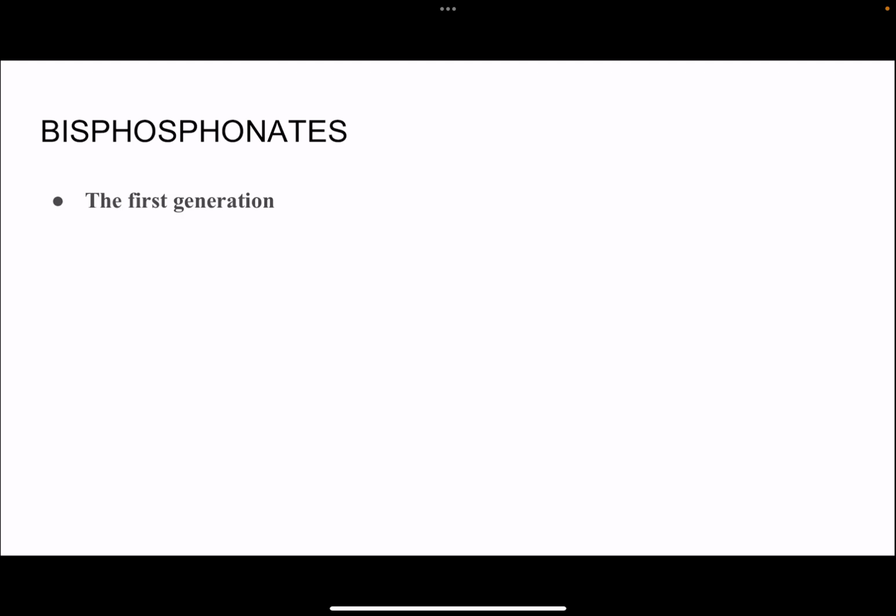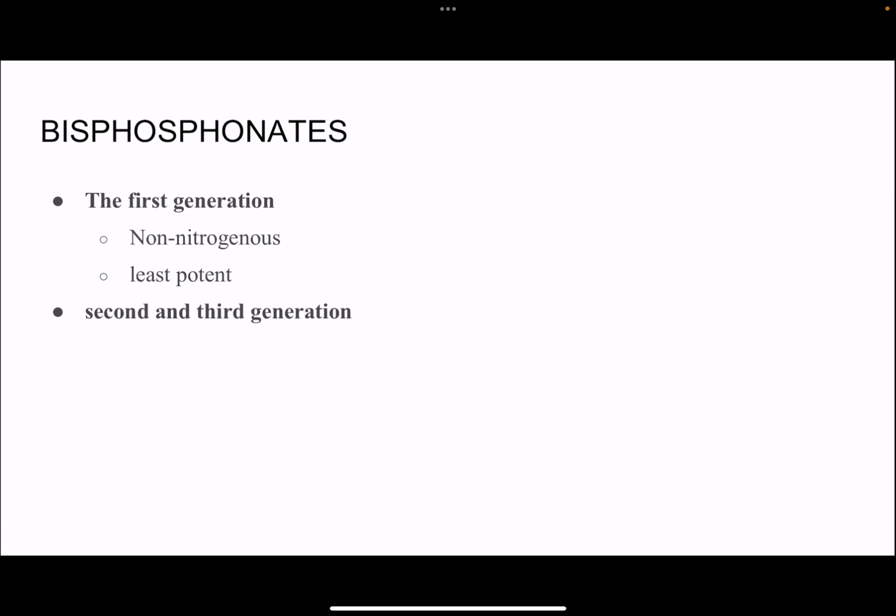So coming to the generation differences. There are basically 3 generations of bisphosphonates, based on the side chain as well as their potency. The first generation are non-nitrogenous compounds, having non-nitrogenous side chains, and they are least potent.